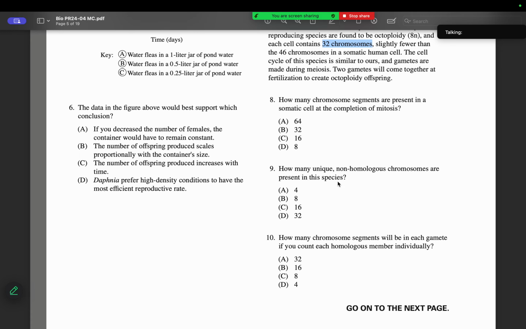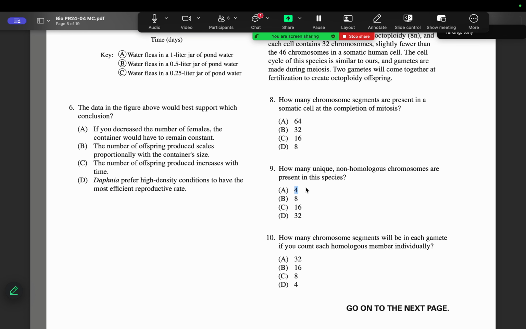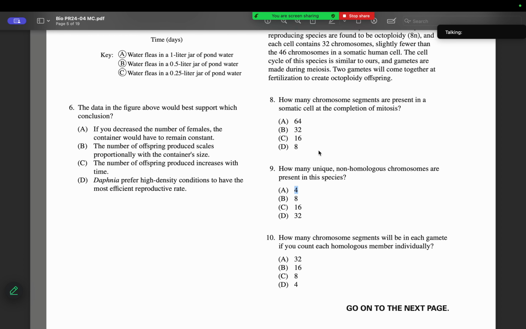I chose A. What was your rationale for A? Like 8N equals 32. Yeah? So I picked 4. So that should be right. Did they mark you wrong? No, I got it right, but I'm just not really sure if this is correct or not. Yeah, it's right.